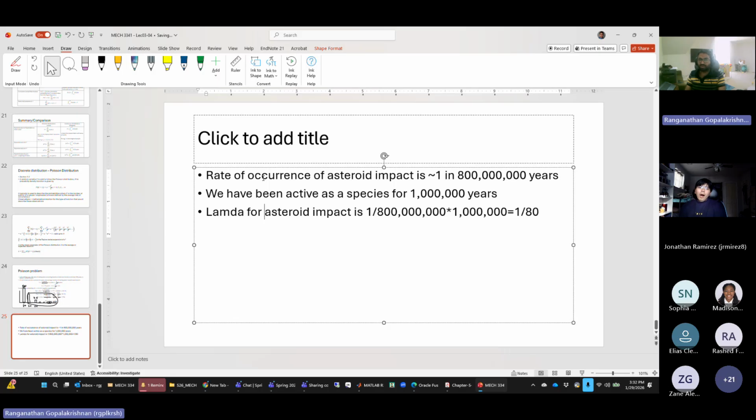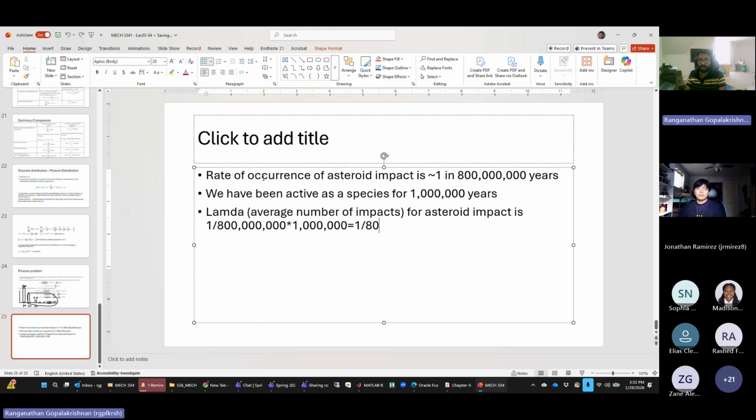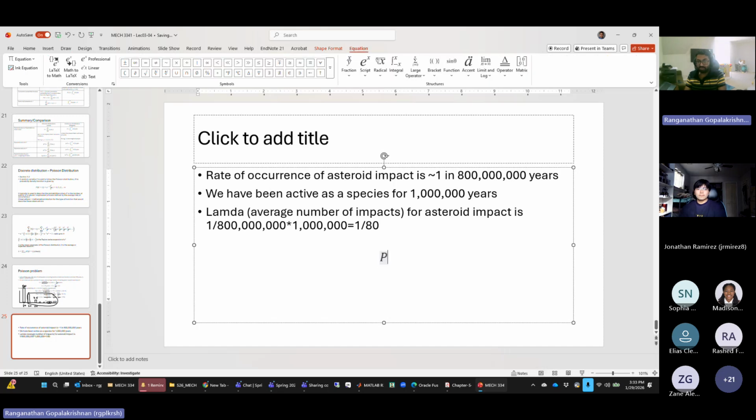So lambda for asteroid impact, the average number of impacts, is 1 over 80. So the probability that nothing bad will happen, P of 0, is e to the power of minus 1 over 80 times 1/80 to the power 0 divided by 0 factorial.